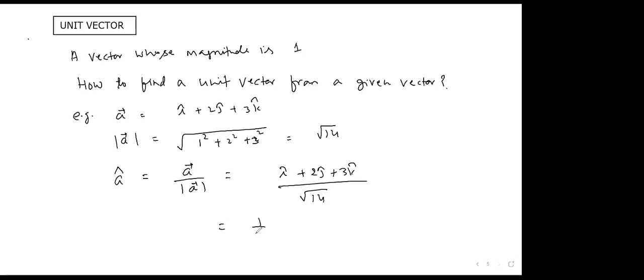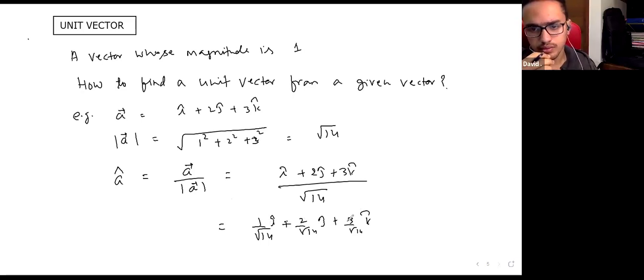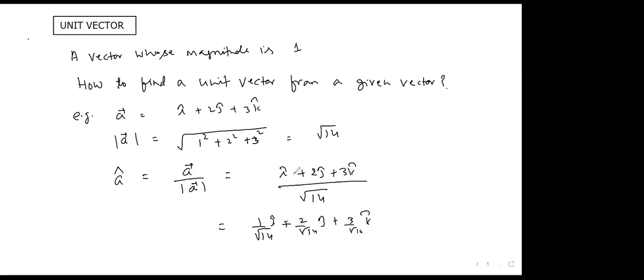So it will be 1 over root 14 i cap plus 2 over root 14 j cap plus 3 over root 14 k cap. Now, if you find the magnitude of this vector, you will find that its magnitude is 1. Because 1 over root 14 is common, and 1 square plus 2 square plus 3 square is again root 14. So they will be cancelled out and you will get 1.